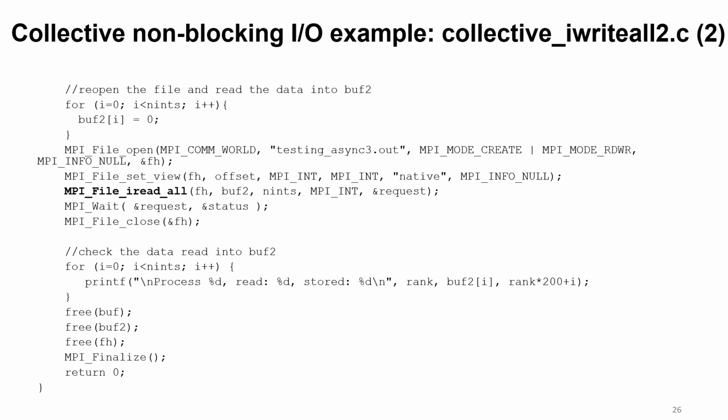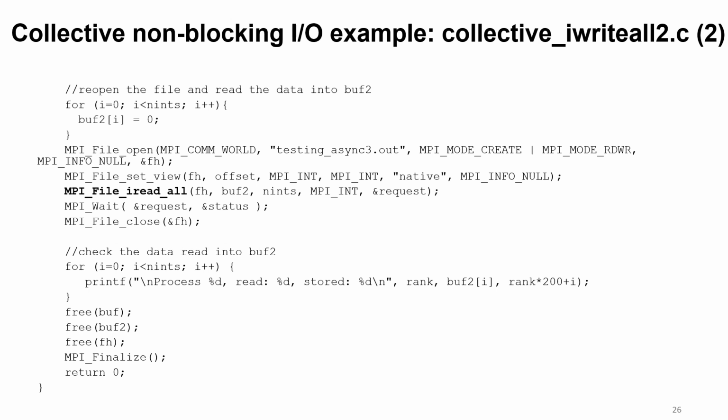So here, then, what we are doing is we are setting the view for each process to read the data from. And then we are having a call to MPI_File_iread_all, and notice that we are reading the contents from the file into the buffer named buff2. And we specify the number of integers, or basically the number of values that should be read from the file by each process.